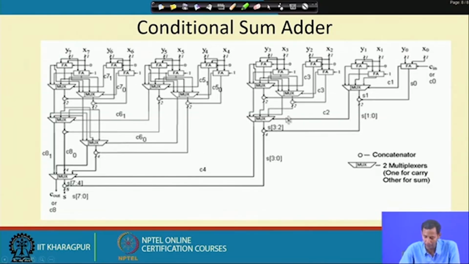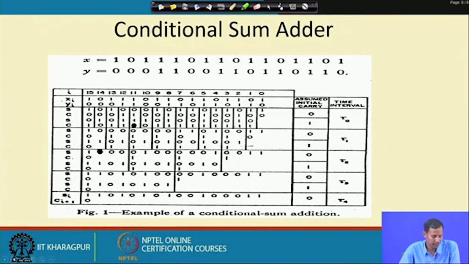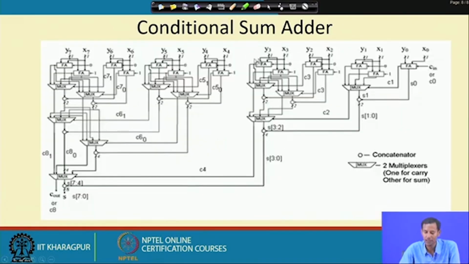Now if you go back, this C 3 will take the decision. It will take the decision for y 3 and x 3 sum selection or the carry generation selection.